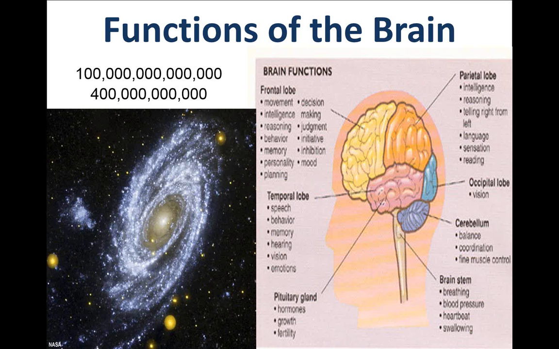That is 1 plus 14 zeros. And according to some sources, add an additional 0, so somewhere between 14 and 15 zeros. To compare, the Milky Way galaxy has, by some estimates, 100 to 400 billion stars. That's 11 zeros. So it's pretty phenomenal.